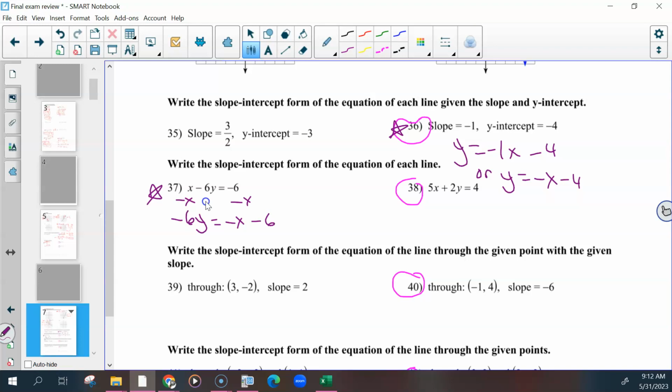But we're going to do that to everything, so separately. So these would cancel. The negative x over the negative 6, you can rewrite that, bring the fraction in front of the x, and it would become positive. And then divide negative 6 and negative 6. Again, would become positive.